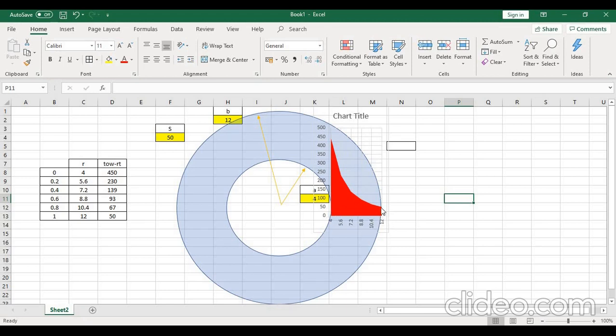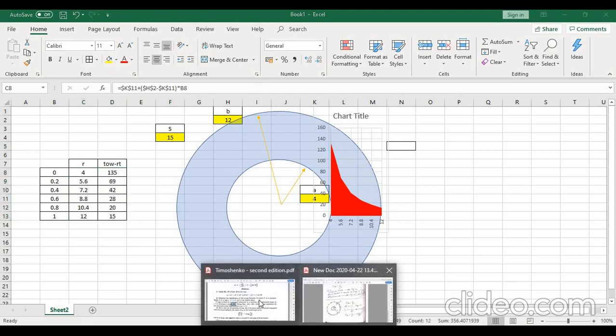At r equal to b, which is 12, it is 50, which is our initial boundary condition, and at r equal to 4, it is 450, which is shown here. Now if you play around with these values, obviously the values in the graph will change and the tabular values also will be scaled accordingly.